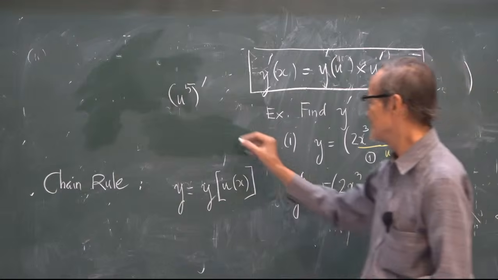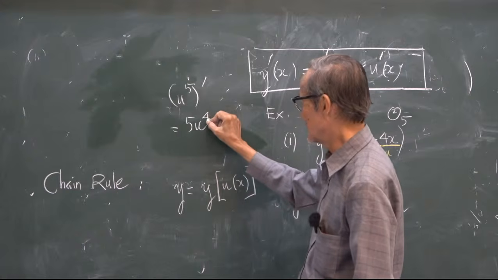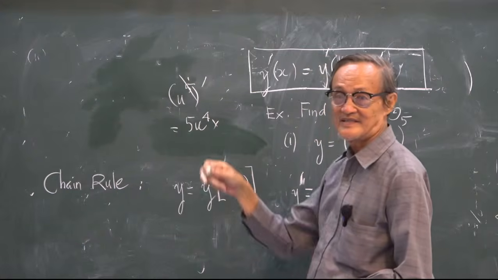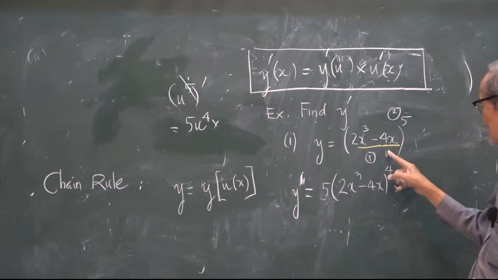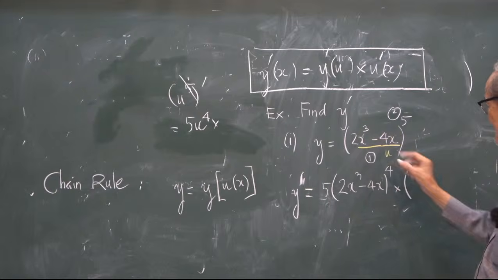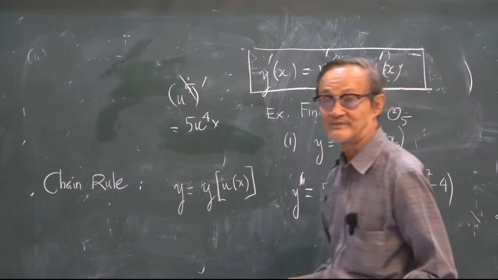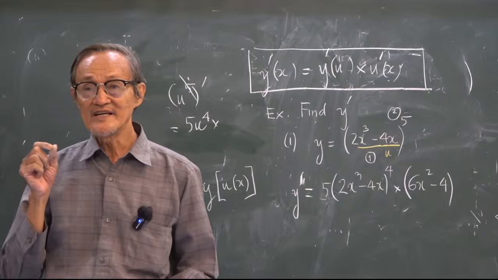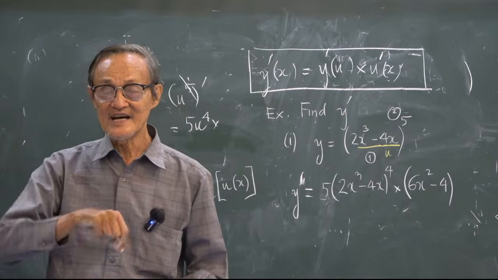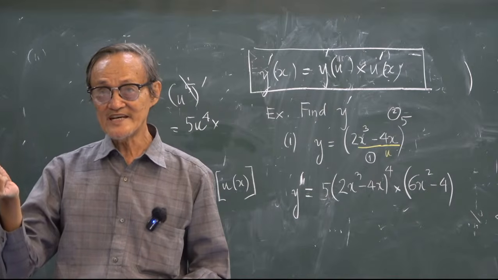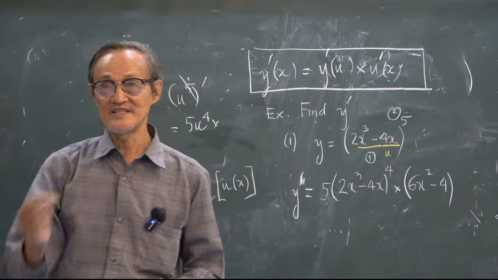Okay, 5u^4, and inwards, u prime here is 6x^2 minus 4. We calculate y from the inner function outwards, but we take derivatives from the outer function inwards.